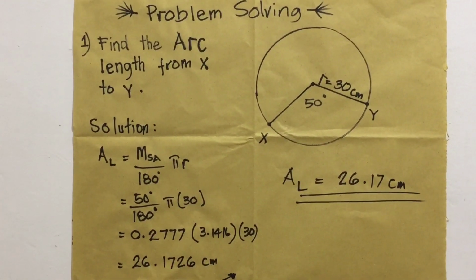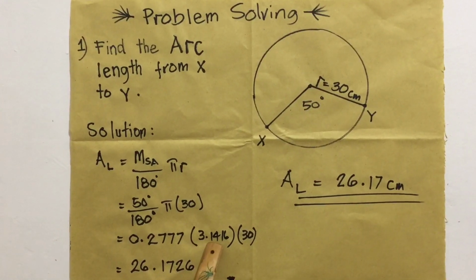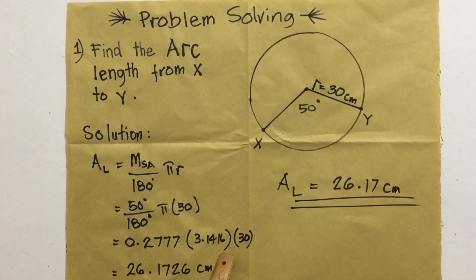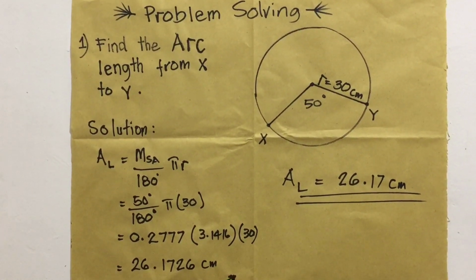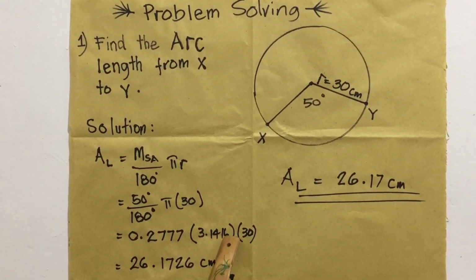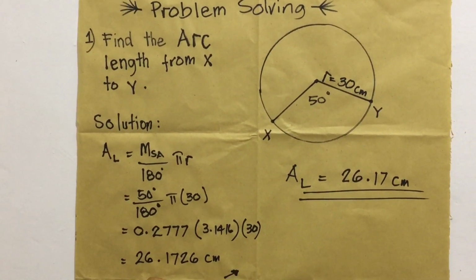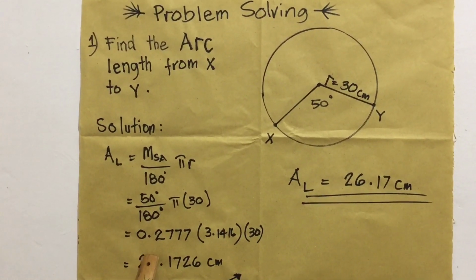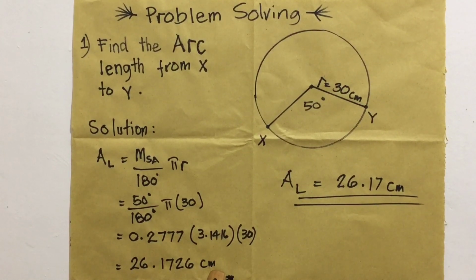0.2777. Then the value of pi is 3.1416, so we're going to multiply. Then also 30, we're going to multiply it. 0.2777 times 3.1416 times 30. The result of our computation is the arc length now is 26.1726 centimeter.